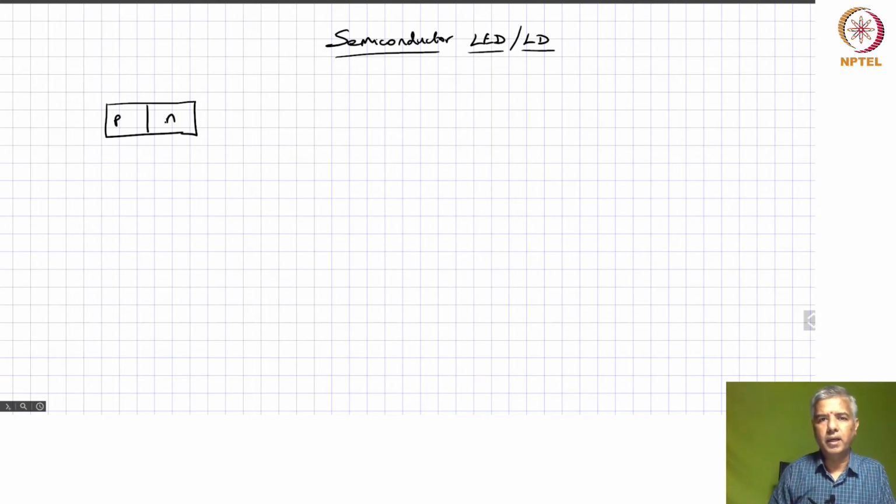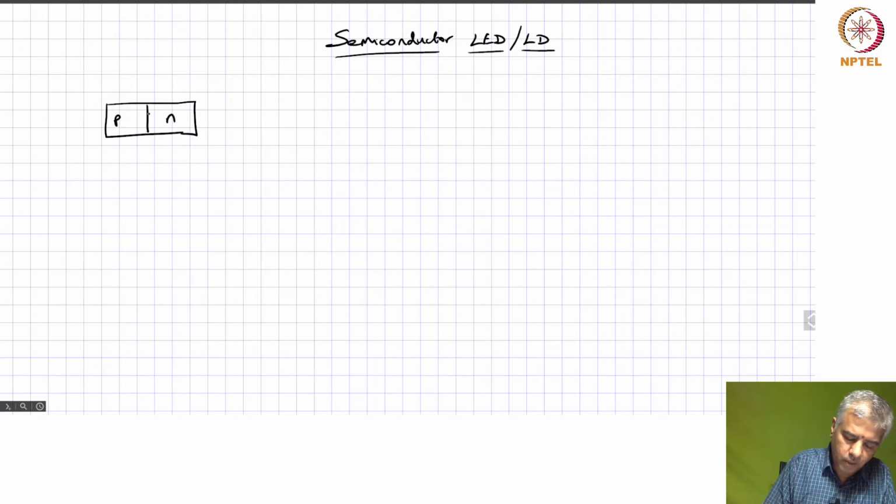Then certain charges move from the P side to the N side. The majority carriers on the P side are holes, and they go to the N side, and similarly from the N side, the majority carriers, electrons, diffuse into the P side.